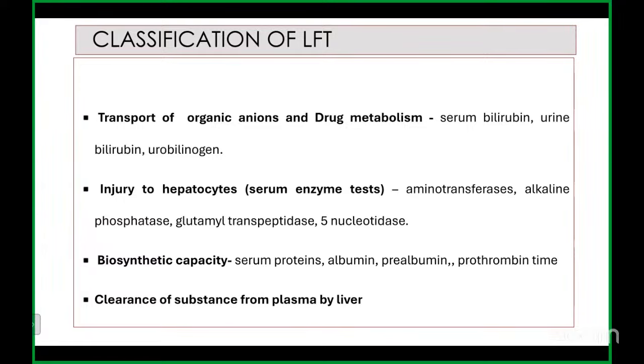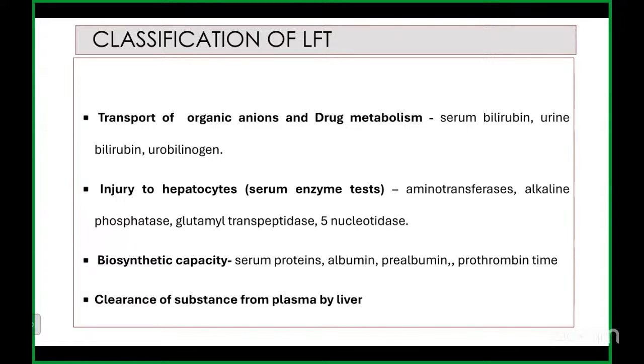If the hepatocytes, that means the liver cells, are injured, then we start getting a rise in aminotransferases, that is a rise in liver enzymes, SGOT, SGPT, alkaline phosphatase, and even GGT, that is gamma glutamyl transpeptidase, which is nearly specific for the bile duct. And then we have other functions like biosynthetic capacity, like your serum protein, albumin, pre-albumin, prothrombin, all of this.